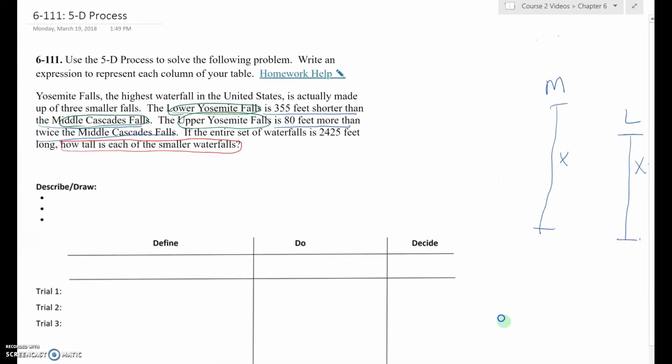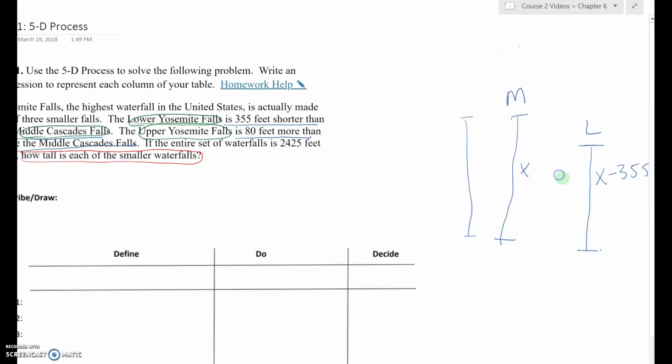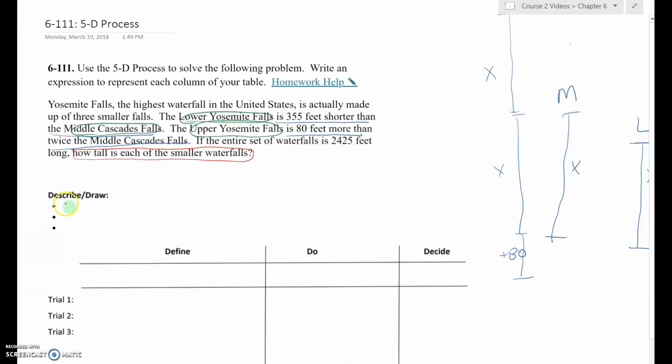And the upper falls is 80 feet more than twice the middle. So here's one of them, here is a second. That's X, and then it's 80 more on top of that. So what we know is that the middle falls is going to be our X, our upper is going to be 80 more than double the middle, and lower is 355 feet shorter than the middle.